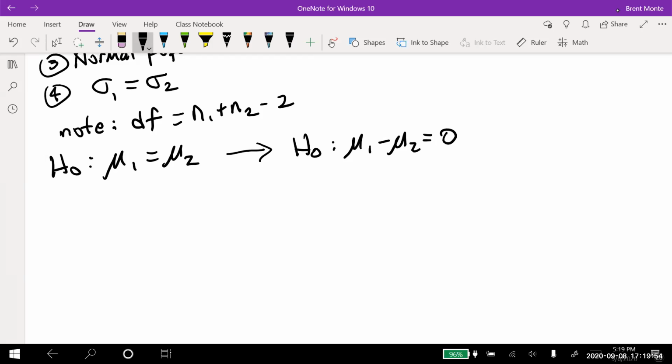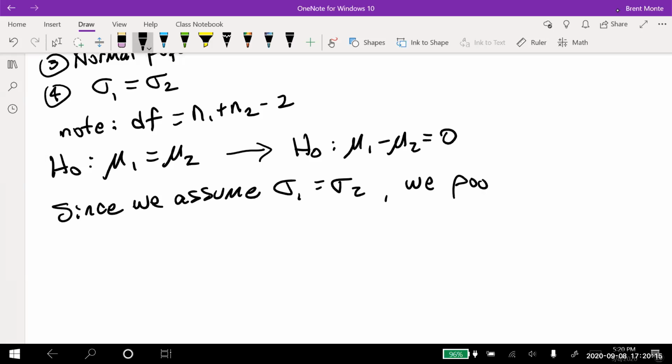Okay, the other thing that comes in here, since we're assuming mu1 equals mu2, sigma 1 equals sigma 2, since we're assuming the populations have the same standard deviation, is that we're going to do what they call pool the data.